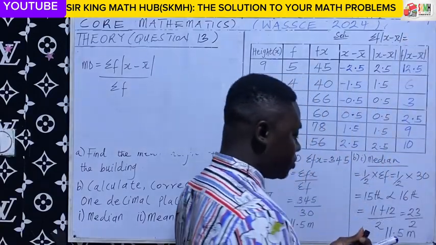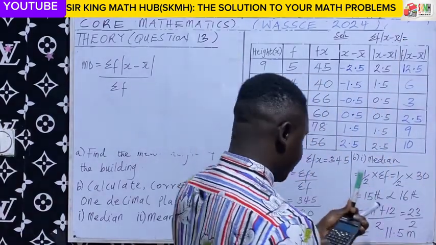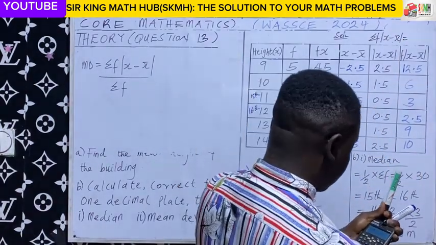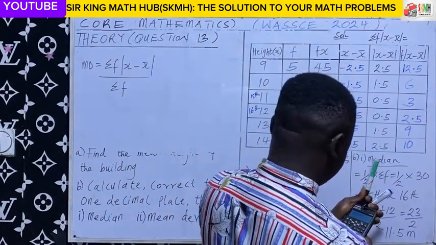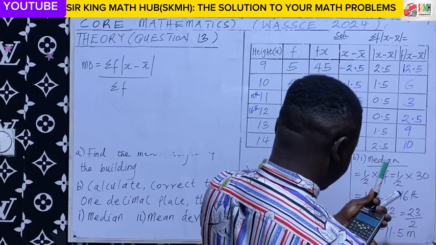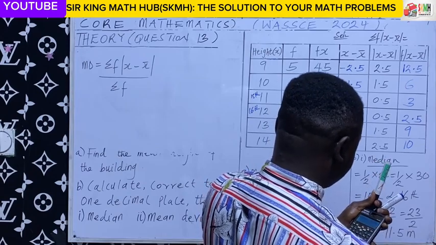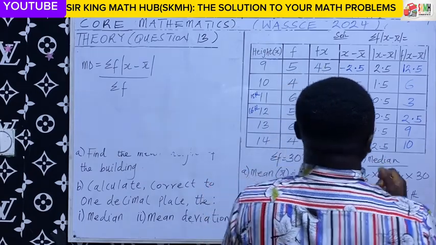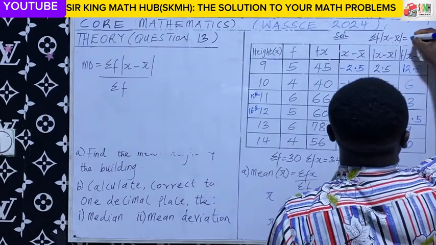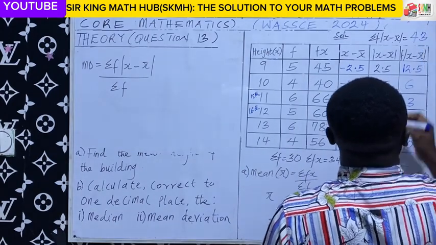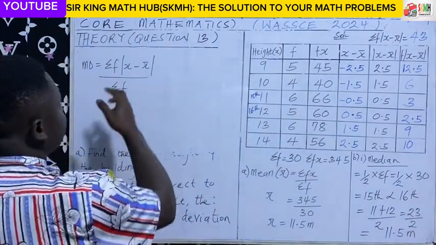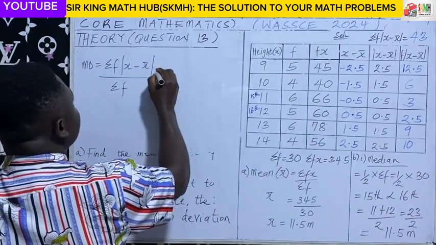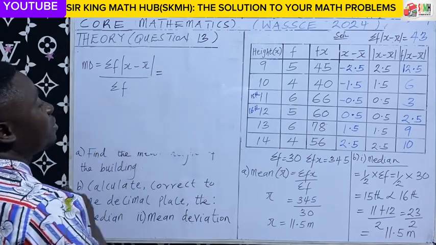So let's quickly compute that. 12.5 plus 6 plus 3 plus 2.5 plus 9 plus 10. This is giving us 43.